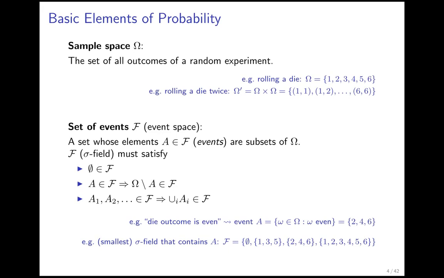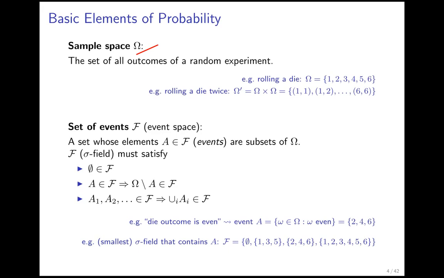The first element is the sample space, which is usually denoted by a capital omega. Omega is the set of all outcomes of a random experiment. So let's pick an example. If you roll a die, and it's a normal die, then it has 6 faces, 1 to 6, and that's the set of all outcomes omega.